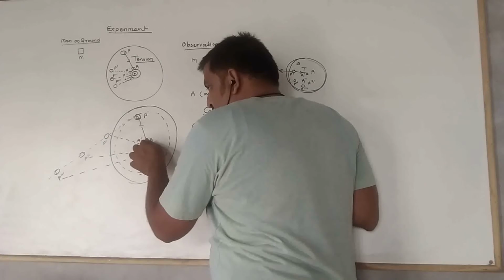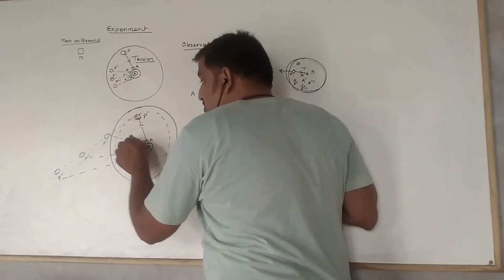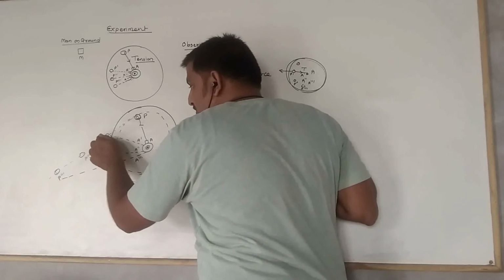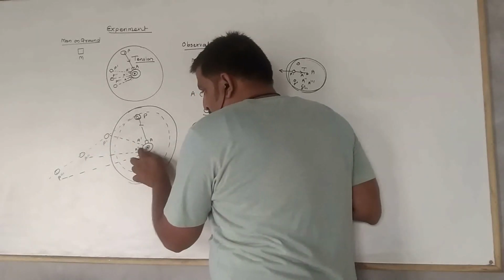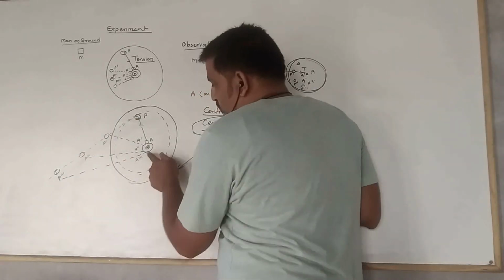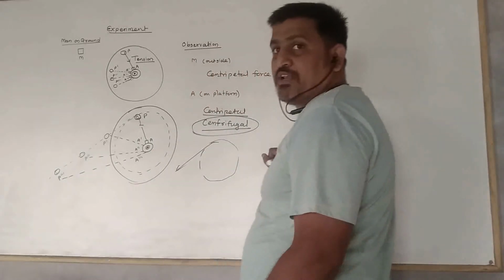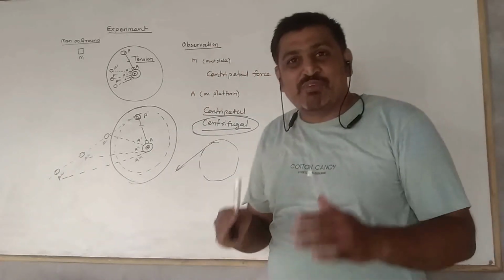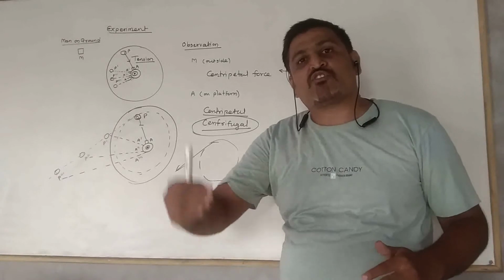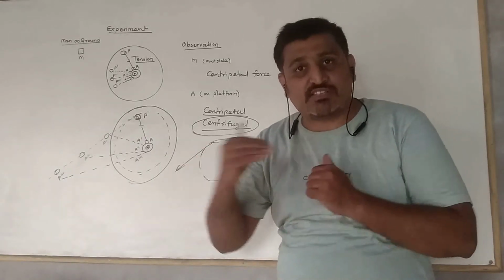But when he takes position A dash, the ball takes position P dash. When the person's position is A double dash, the ball's position is P double dash. When the person's position is A triple dash, the ball's position is P triple dash. Means he can see the ball in front of him only, but not at the same distance.